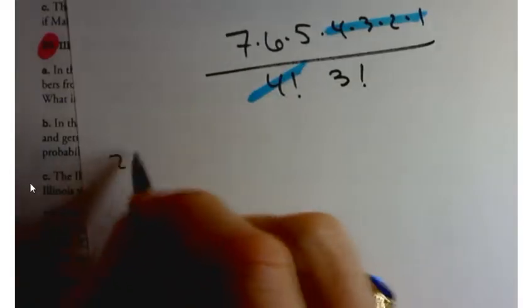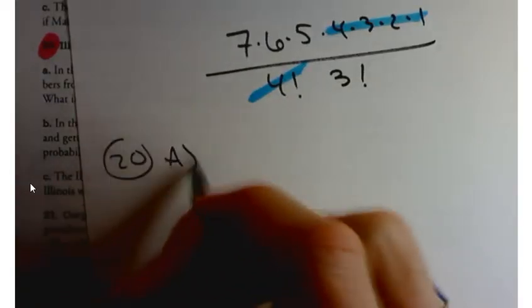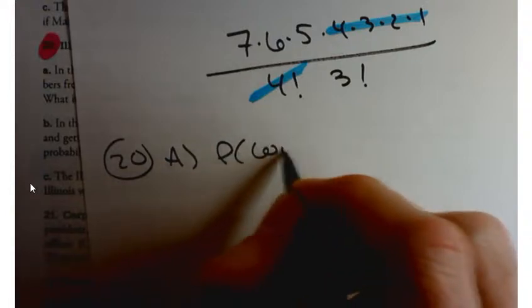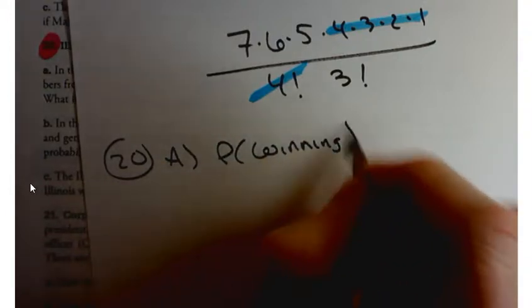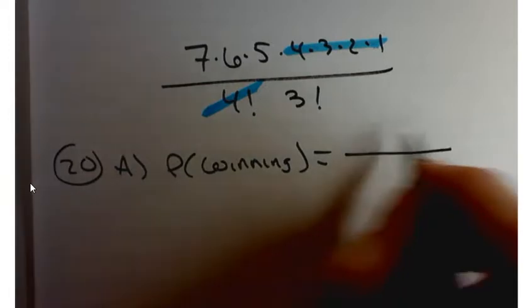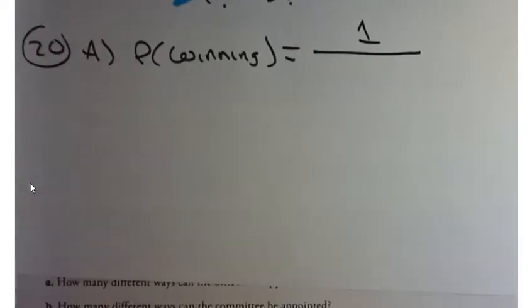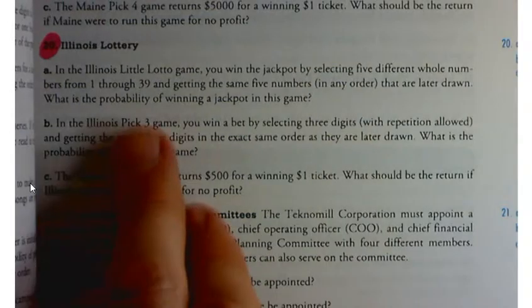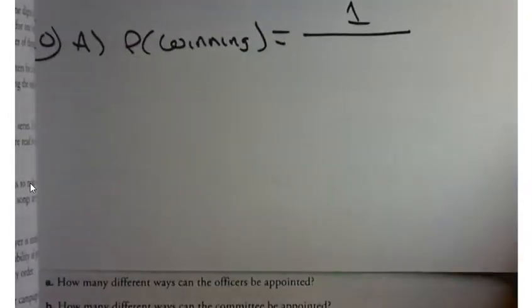So probability of winning is going to be 1 over something. The question is, what's that something? How many different ways are there that they could pull the numbers in this lottery? Well, let's see. They're selecting numbers, what? 1 through 39. How many are they selecting?